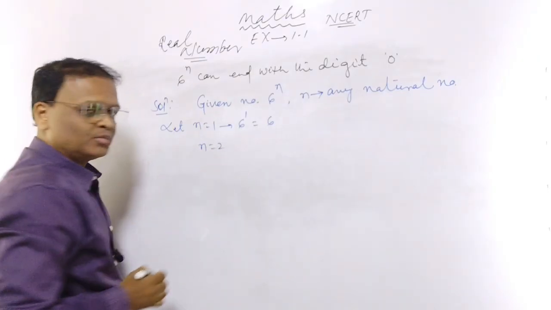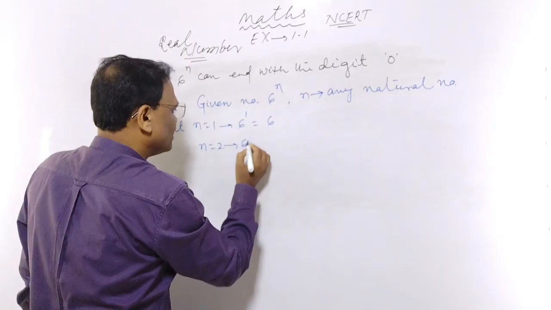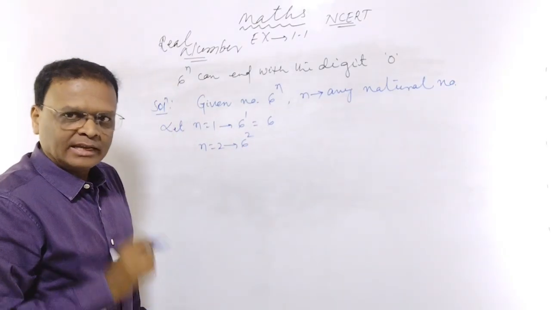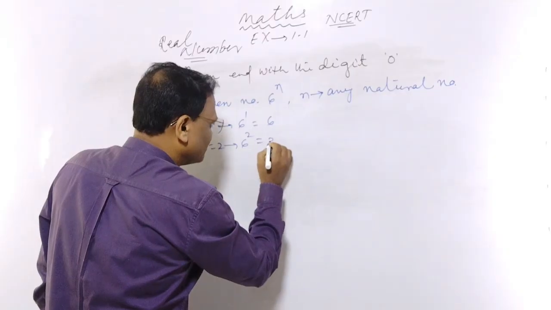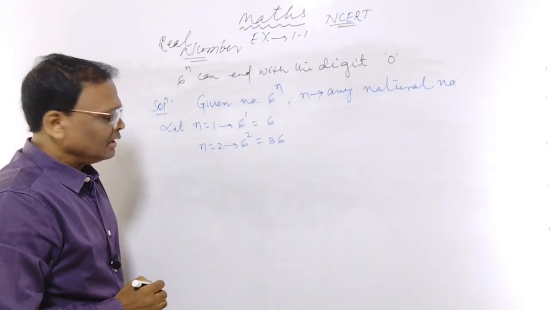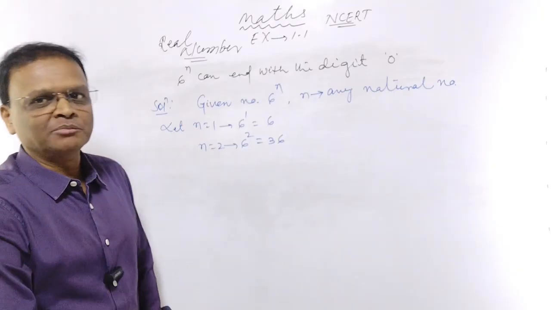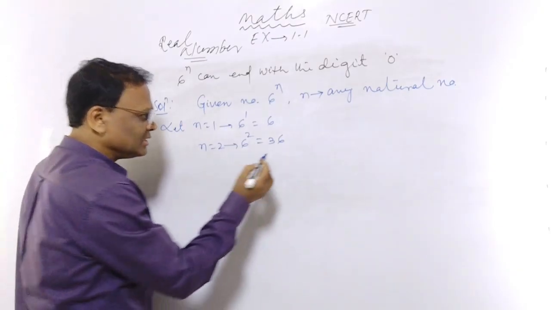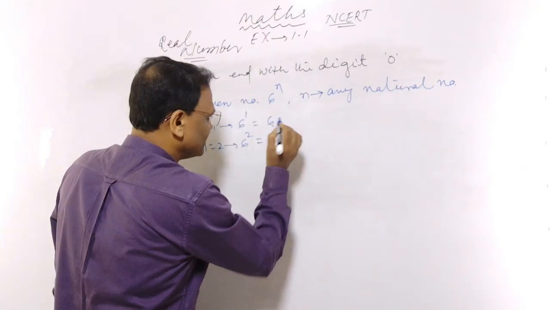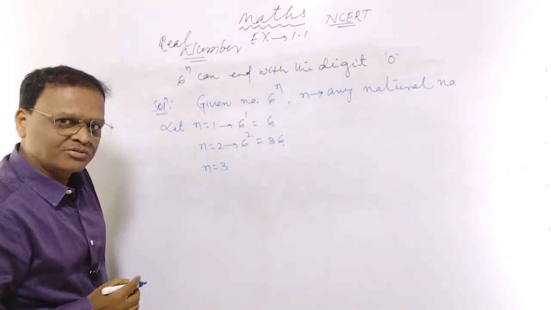Let's proceed. If n equals 2, it becomes 6 to the power of 2. In place of n we write 2, the second natural number, and 6 squared is 36. The digit again ends with 6. Now my third natural number, n equals 3.